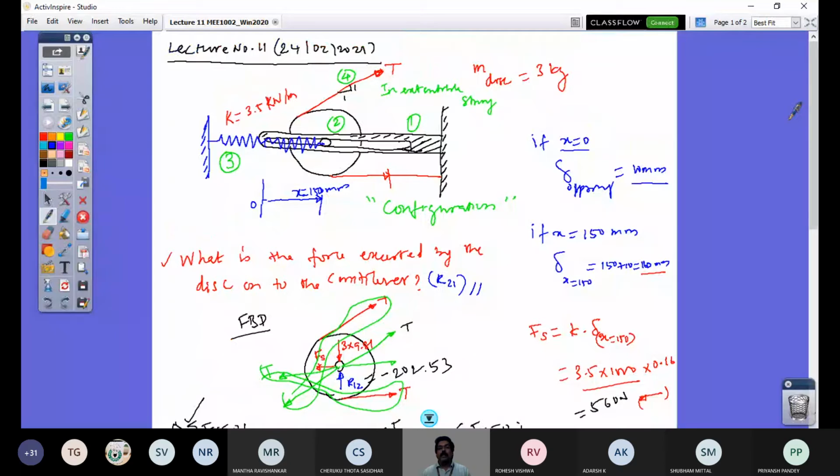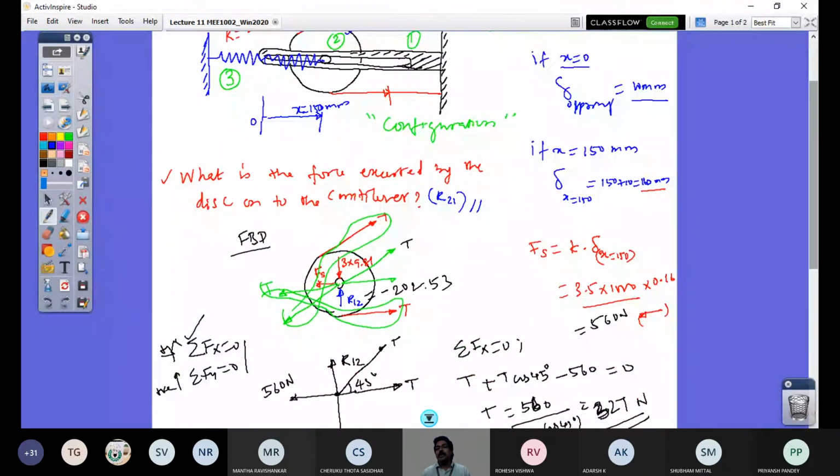So look here. I numbered: 1 is the cantilever, 2 is the disc. So the force exerted from 2 to 1 is what is the reaction felt from 1 to 2 in the free body diagram of the disc. Yes or no? See, you take your hand, go to the wall and you give a pressure on the wall. The reaction you are feeling is the force you are exerting onto the wall.